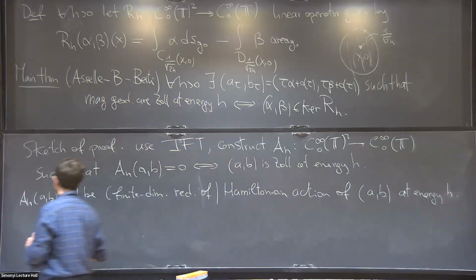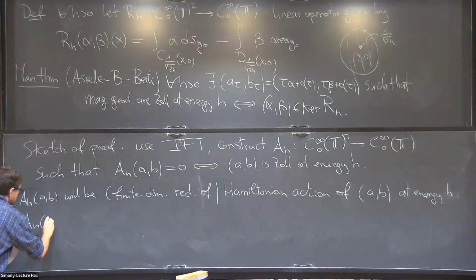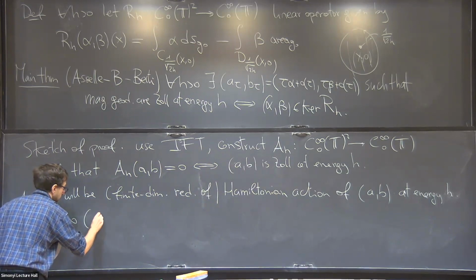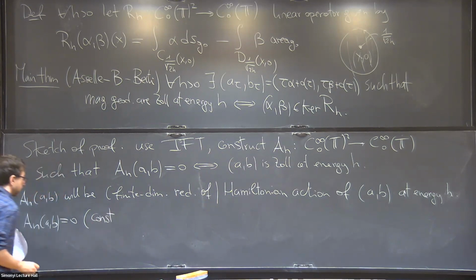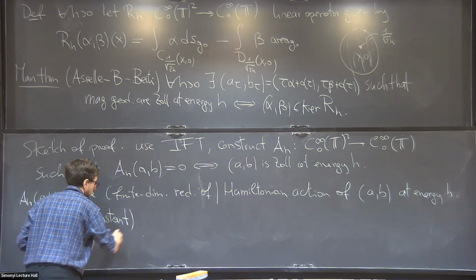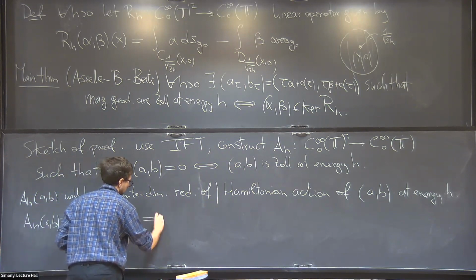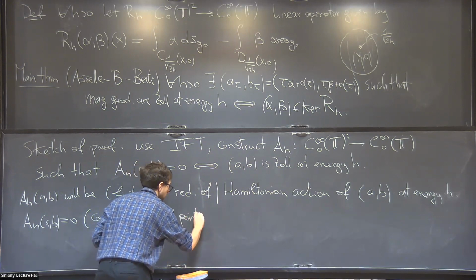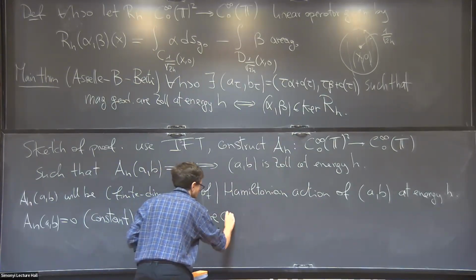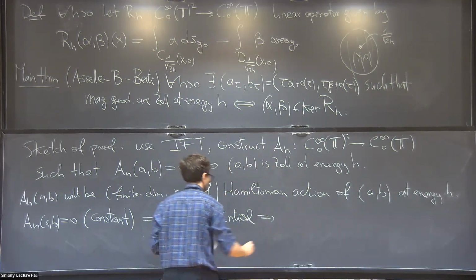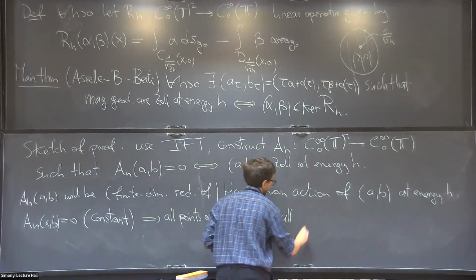And then the idea is that if A_H AB is equal to 0, this means by theory that this is constant, and then I know that all points are critical for the action, which means by the least action principle that all orbits are closed.